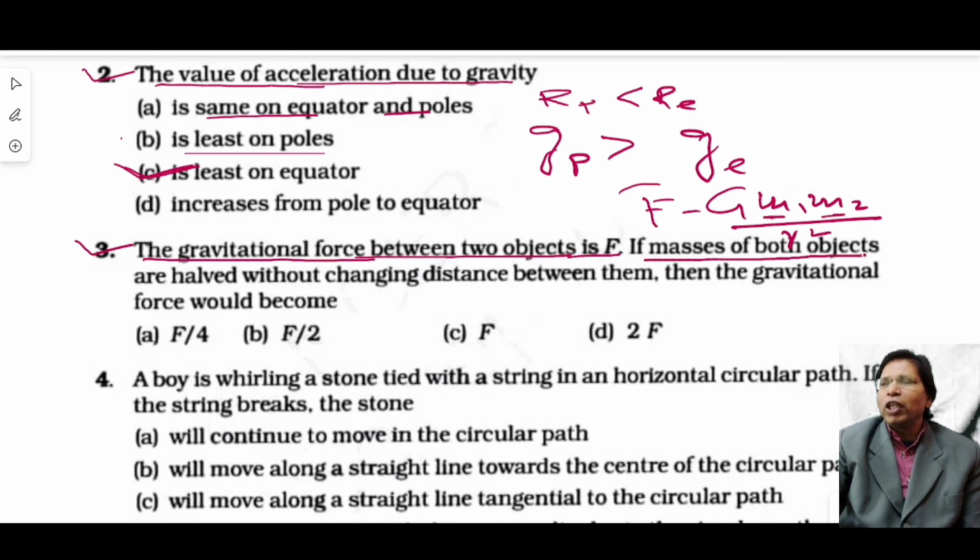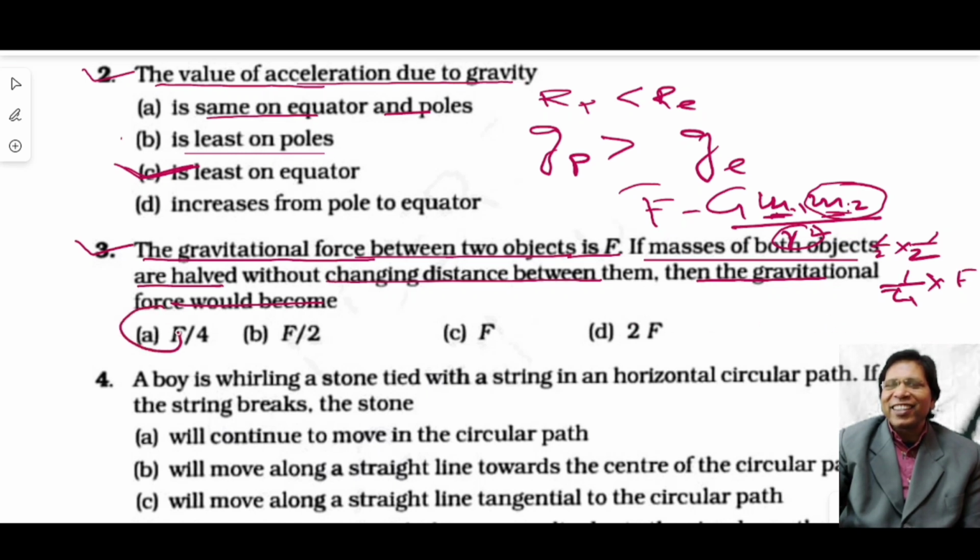If the masses of both the objects are halved, that is m1 becomes m1 by 2 and m2 becomes m2 by 2, without changing the distance between them, that is r is constant, then the gravitational force becomes half into half, which is 1 by 4. So the gravitational force becomes 1/4 of the initial force F. Okay, so this becomes F by 4. Option A is correct.